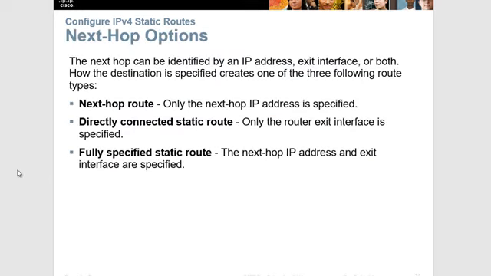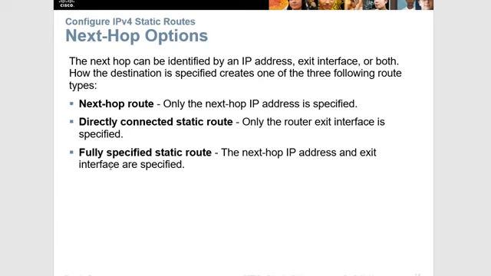So if we take a look at the next slide, if you type in the next hop IP address, then only the next hop is specified. That's considered a next hop static route. You've got directly connected static routes which only use the exit interface in the IP route statement. And then you have fully specified static routes which use the next hop IP address and the exit interface both.